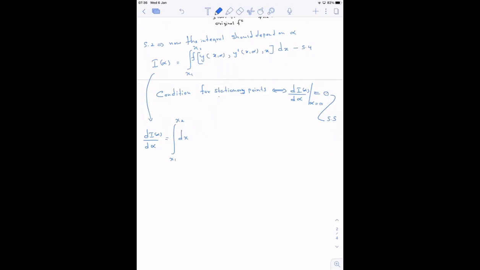Now let's do the differentiation. You can see that the first term y depends on both x and alpha. When you do the differentiation, first you have to differentiate with respect to y and then y with respect to alpha, right? Because f is a function of y and y is a function of alpha as well.